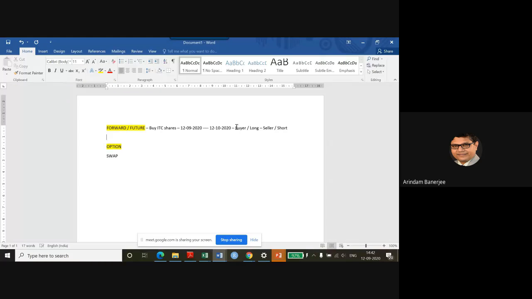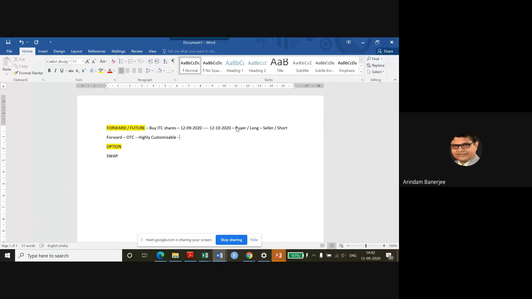So this is the basic mechanism, but forwards are OTC contracts. The two parties enter into a contract to buy or sell a certain asset at a future date, and they are entering into the contract over the counter. So obviously, this is highly customizable.